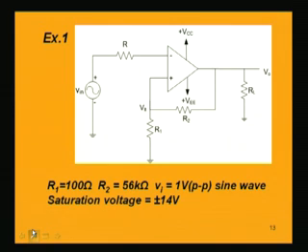So, for example, suppose we consider a circuit where we are using the resistances R1 and R2 as 100 ohm and 56 kilo ohm.